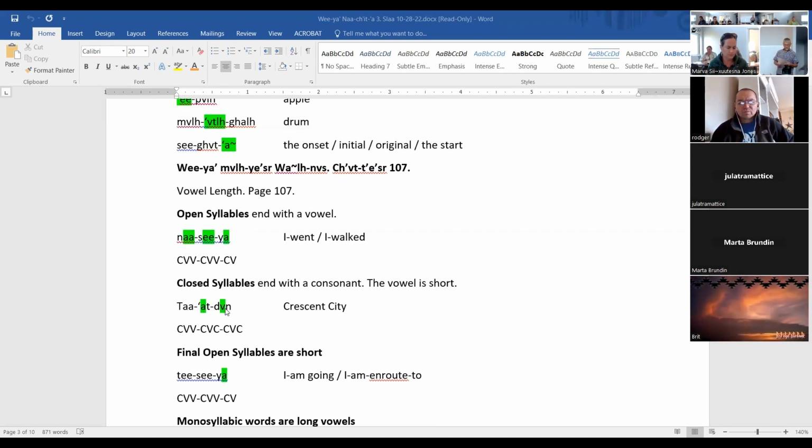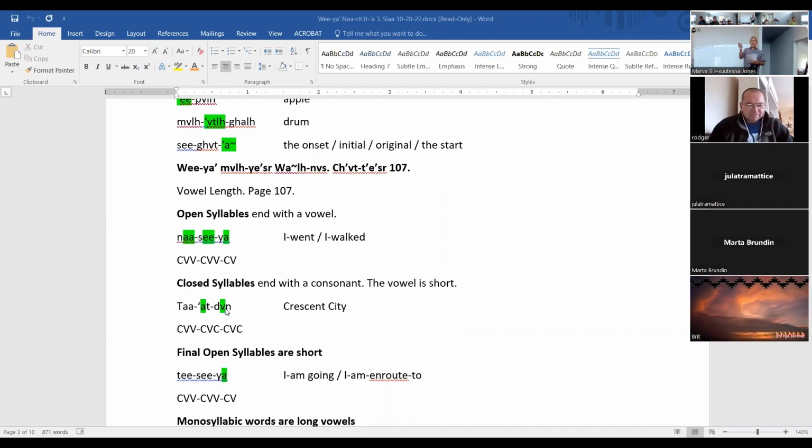That doesn't happen in our language. So just know that anytime there's a closed syllable, it's always going to be a short vowel, just one letter. Closed syllables that end with a consonant have a short vowel. And final open syllables are short too, like the word te-say-ya.